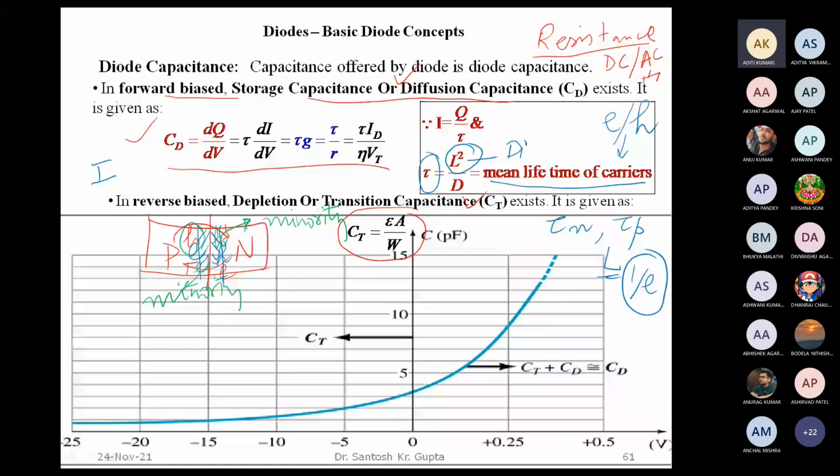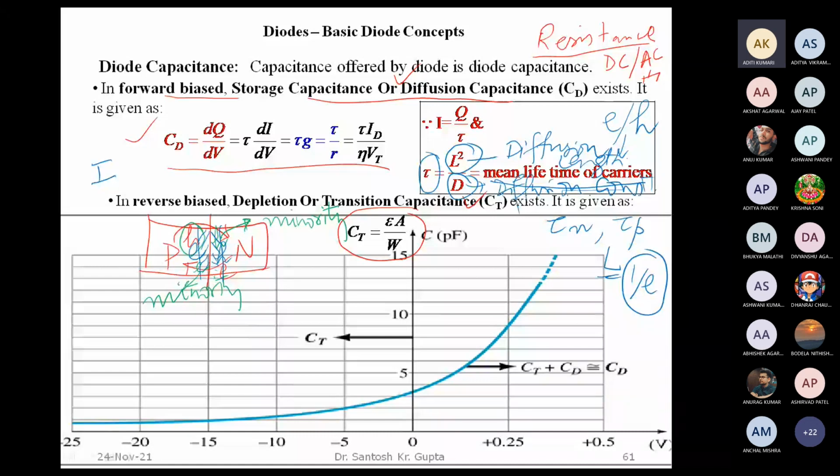Diffusion length means the carriers are diffusing through a distance, and when they have diffused by a length L, their concentration becomes 1 upon e times. That particular distance we define as the diffusion length. In terms of this diffusion length, the mean lifetime of the carrier can be defined like this, where D is the diffusion constant, as we have seen.